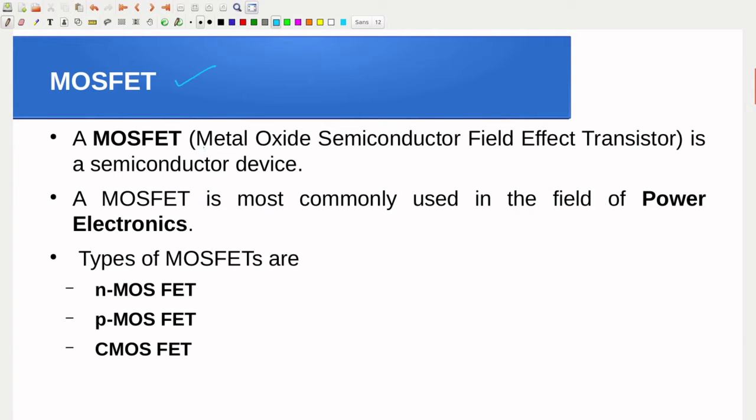MOSFET stands for metal oxide semiconductor field effect transistor. If you remember the earlier analogy where a pipe carrying water, the water is being controlled by the tap which is put at the center.